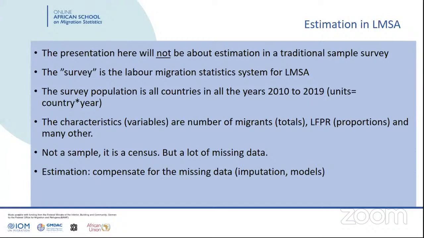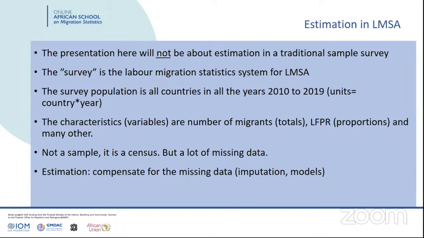The presentation I will give here will not be estimation in a traditional sample survey. We will leave the well-ordered situation or world of a well-defined sample survey.